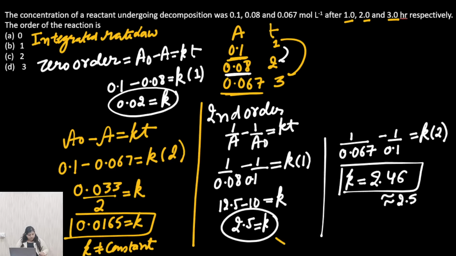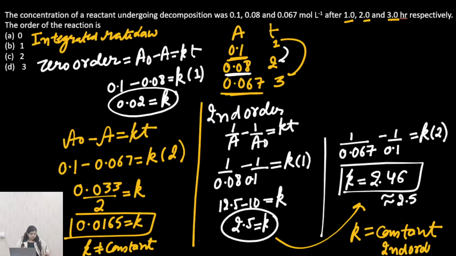Which means the rate constant K is constant, so the given data corresponds to second order. So our correct answer will be option C.